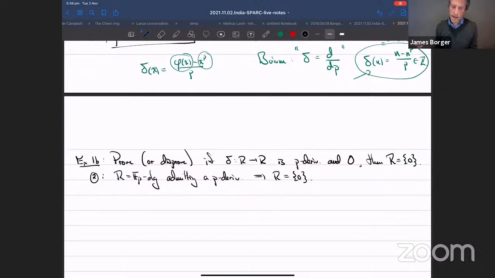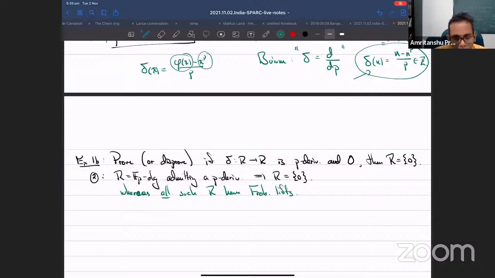So FP algebras do not admit p derivations unless they're actually the zero ring, whereas all such R have Frobenius lifts.